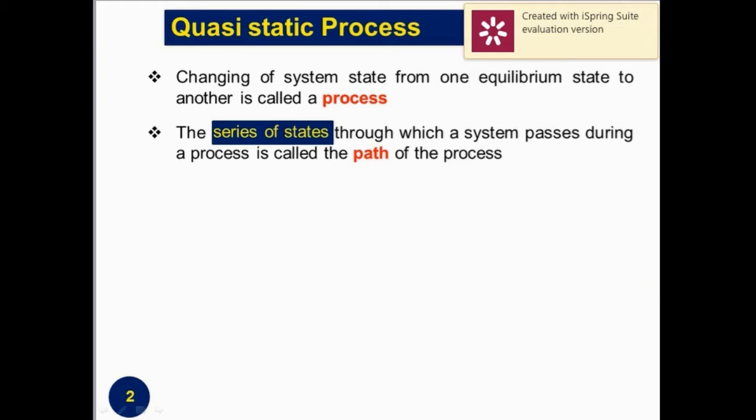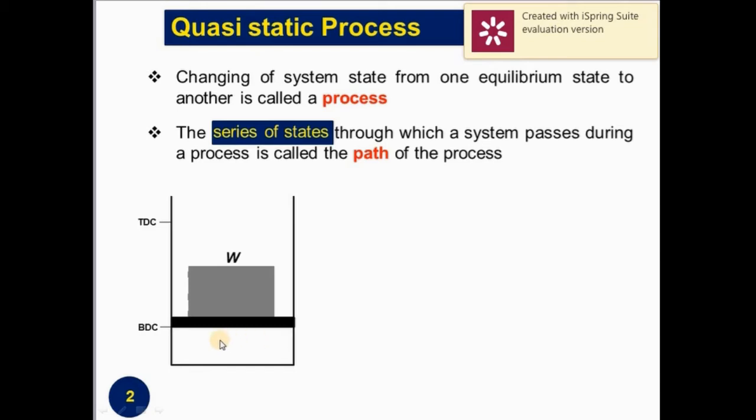We have already discussed the meaning of equilibrium in our previous lecture, and we will also discuss a little about equilibrium in this lecture. So let's understand why identification of series of states is not an easy task with the help of an example. Let's consider a piston cylinder arrangement in which some gas is filled.